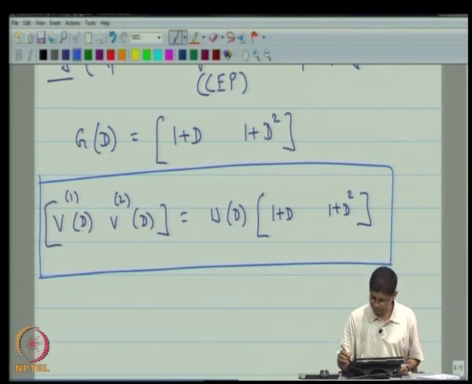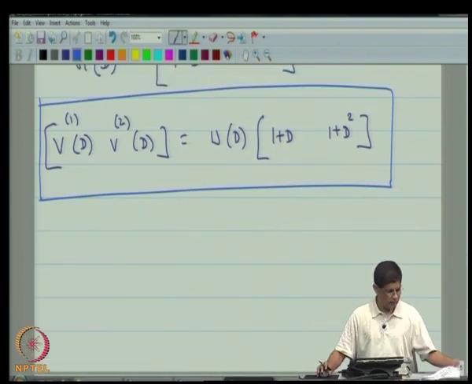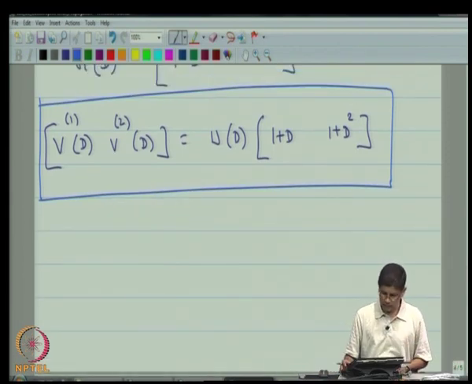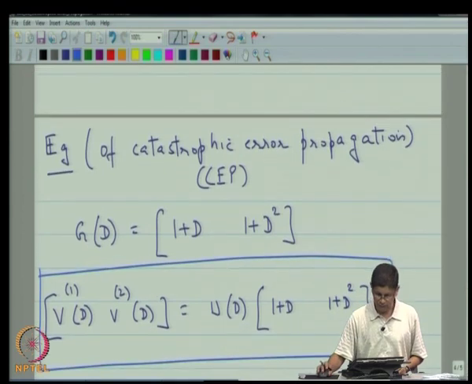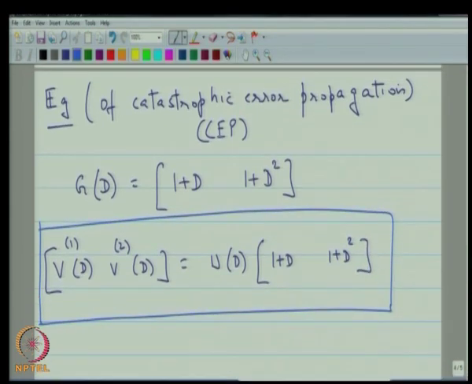Now, catastrophic, I am sure, has conveyed the meaning that something bad is going to happen. So, I am going to tell you what that is.